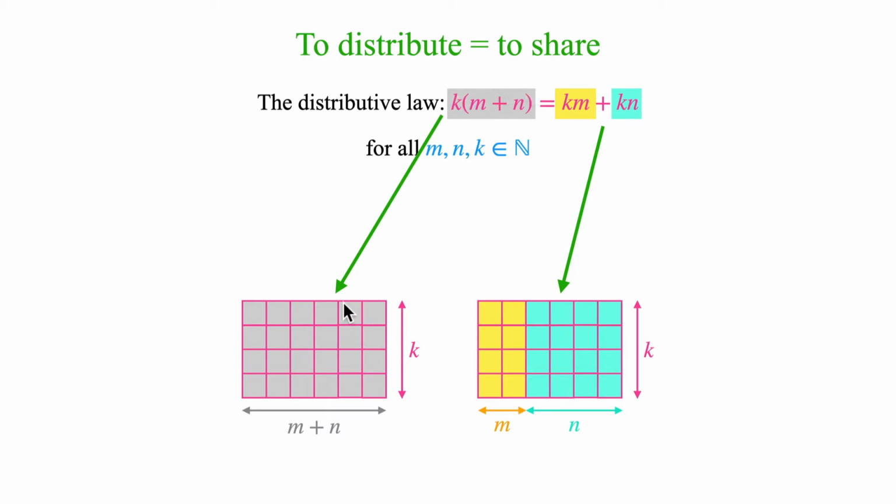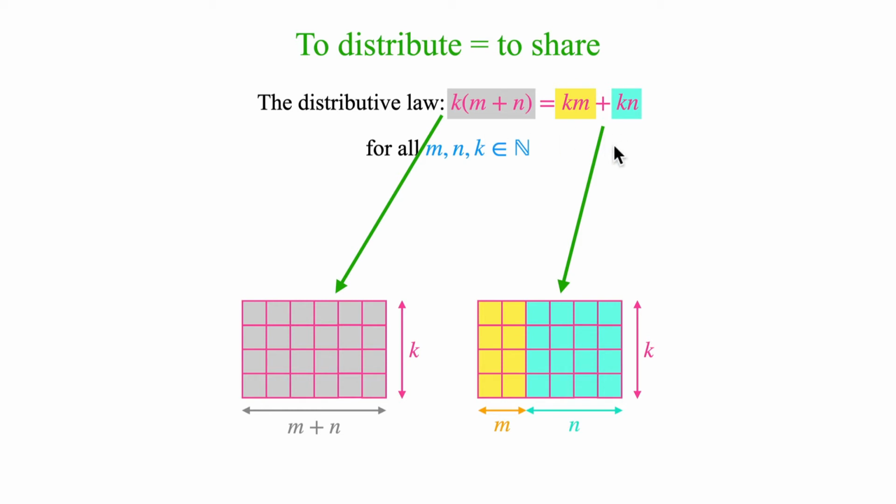But if you divide this rectangle in 2 rectangles, as you see here, one with size m times k and the second one n times k, then the total area will be, of course, equal to the sum of these two areas. And this is exactly the right-hand side of this formula.